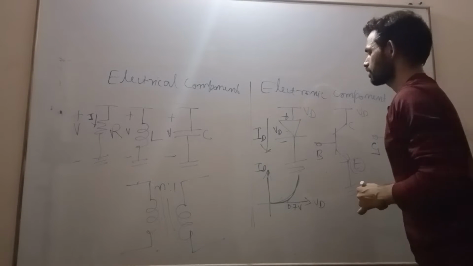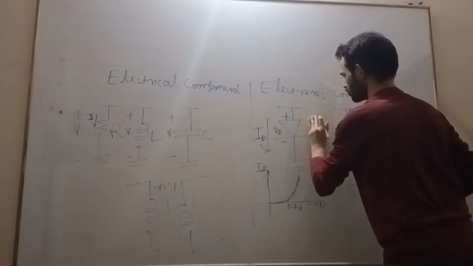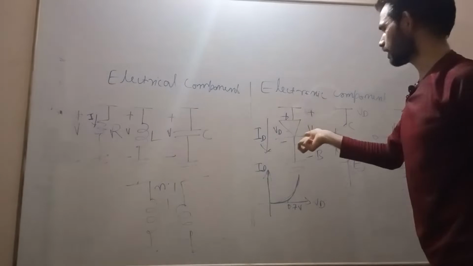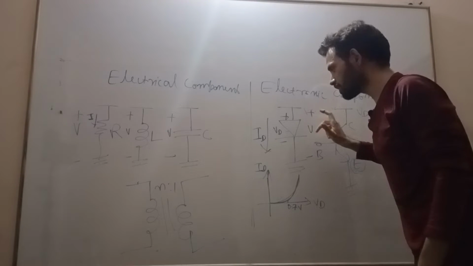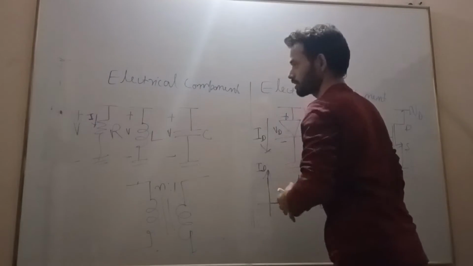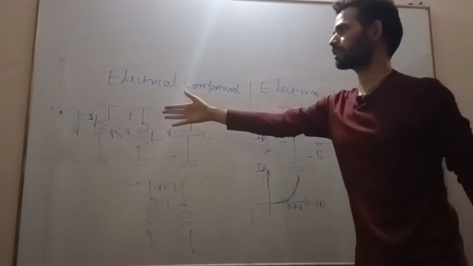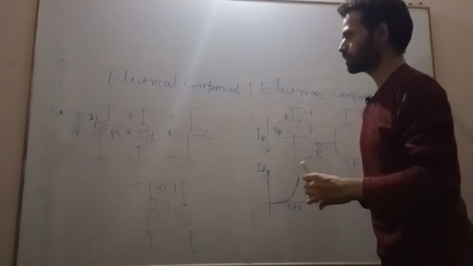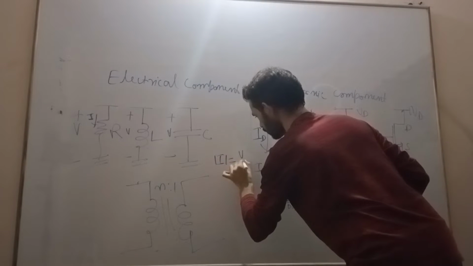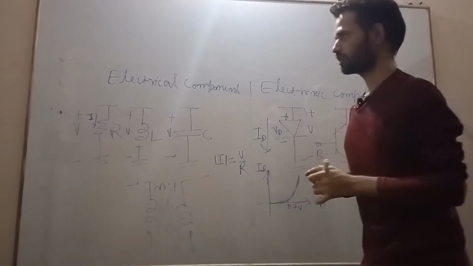Now if you see here, the voltage V positive, negative that we have applied across the diode, if we change the polarity of this voltage, as we did in case of the electrical component, that is the resistor. In case of the resistor, the magnitude of current is V equal to IR in both cases.